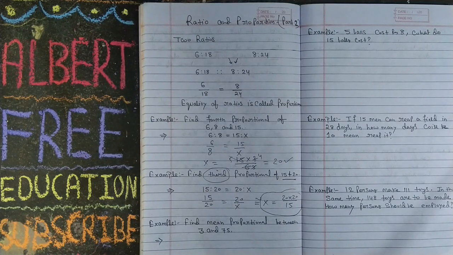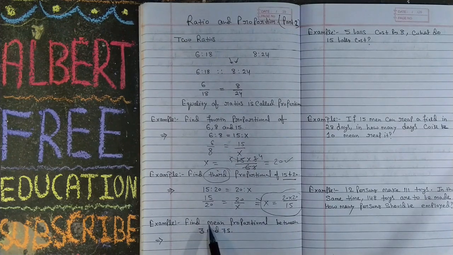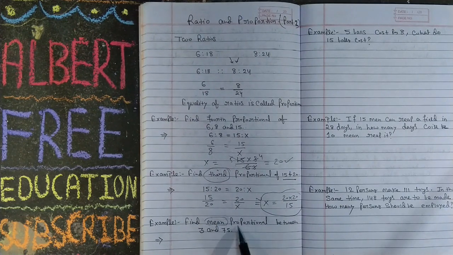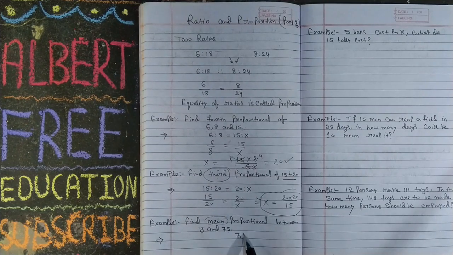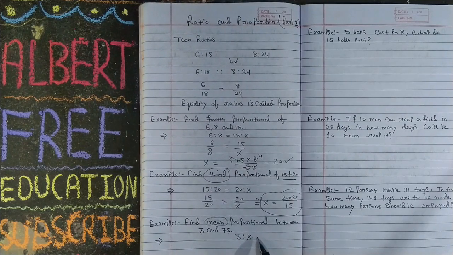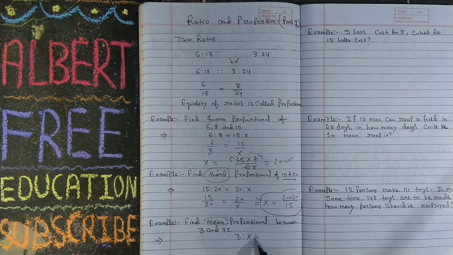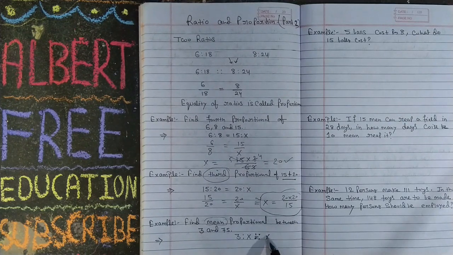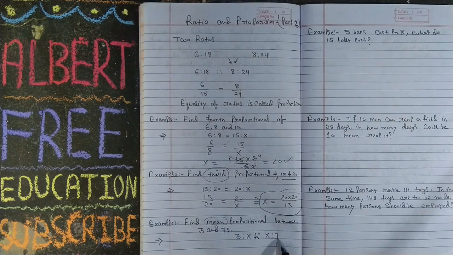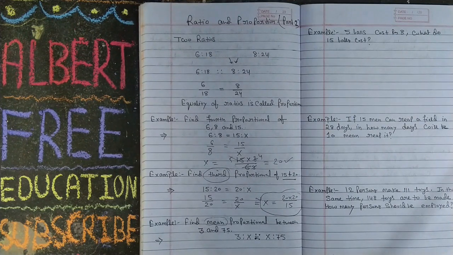Now the third question, which is a very famous question he has asked many times: find the mean, means middle proportional, between 3 and 75. He has given you only two values. In this condition you will write 3:x is equal to, or you can write the proportional symbol, x:75.